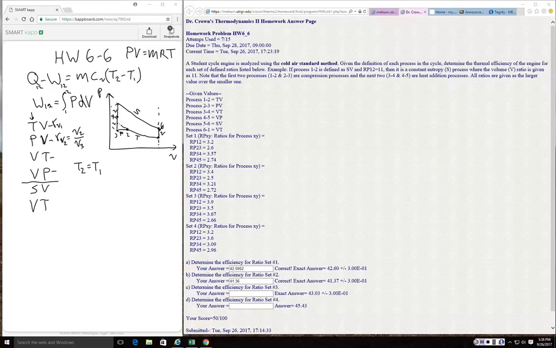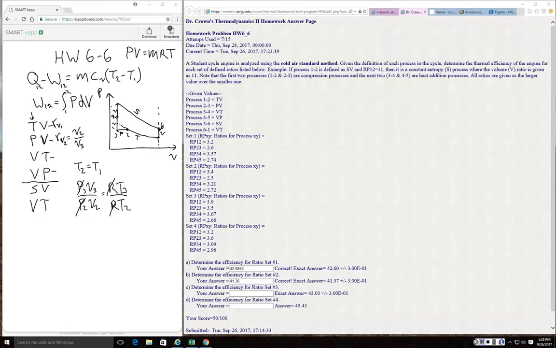Alright, so let me just come up with the same result, but let's just look at how this is derived. So then I have P3 V3 over P2 V2 equals T3 over T2. So R divided by R is 1. P3 over P2 is 1 because it's a constant pressure process, and V3 over V2 is 1 over my R_V2.